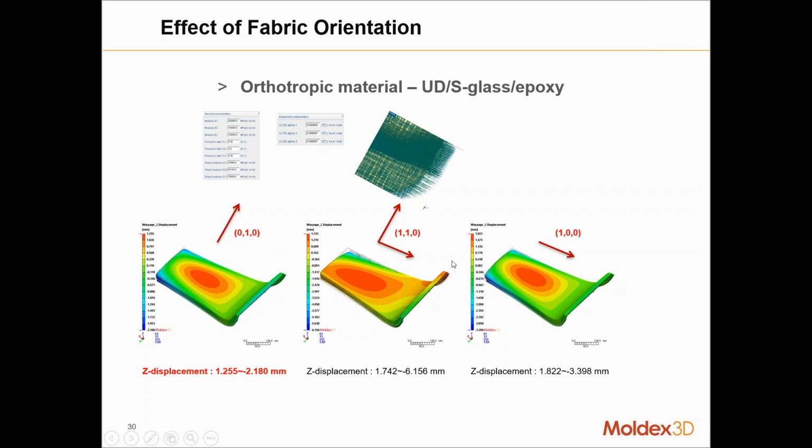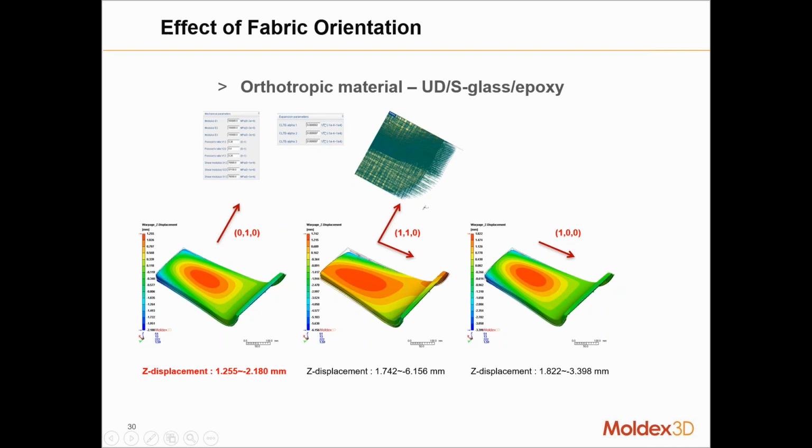The middle image, we have a fiber that's kind of not woven, but laid perpendicular to each other in the X and Y direction. And we can see how that affects the part warpage. In the Z direction, same thing for just laying the mat or the fiber in just the X direction.